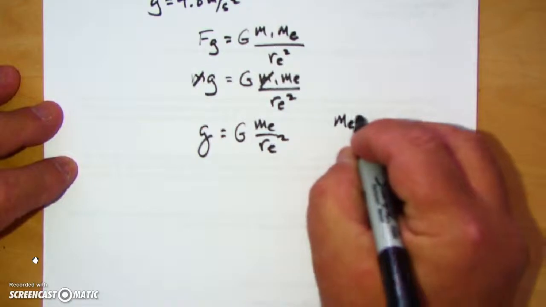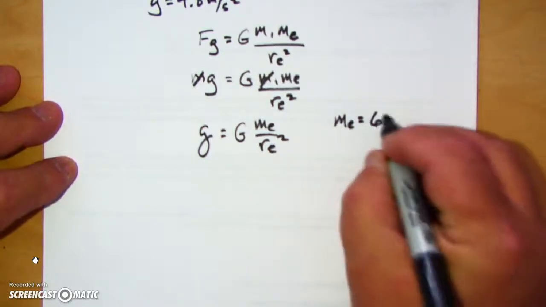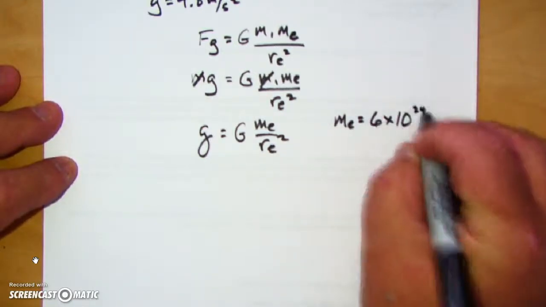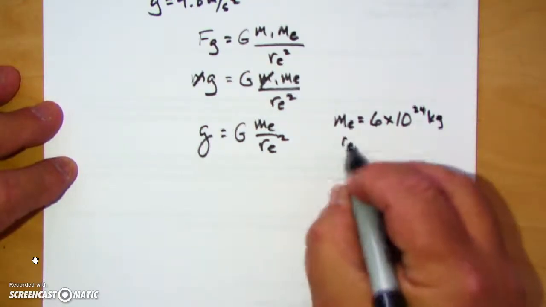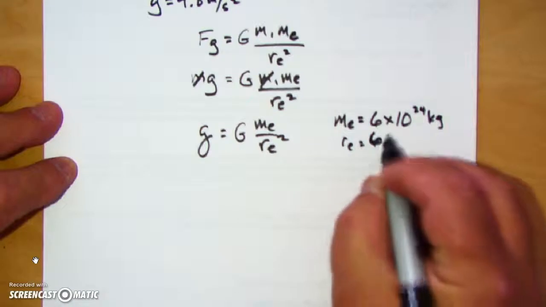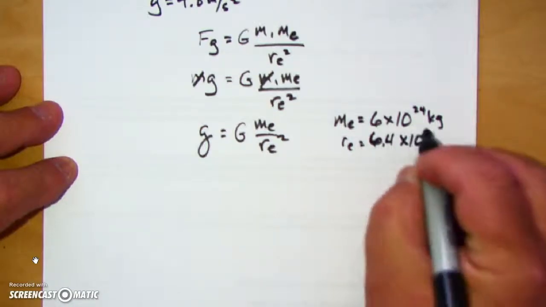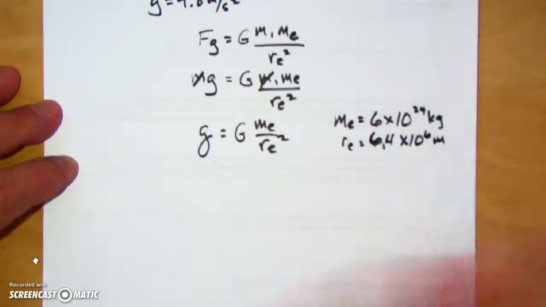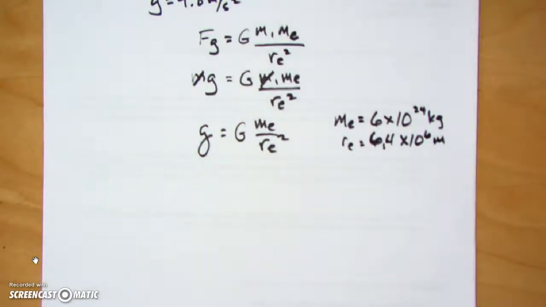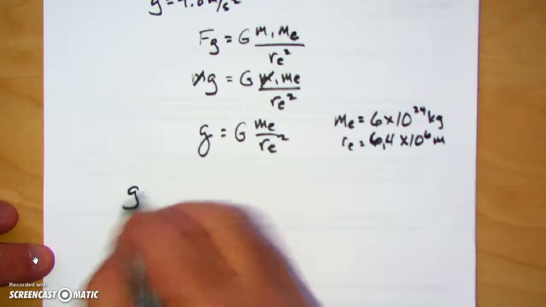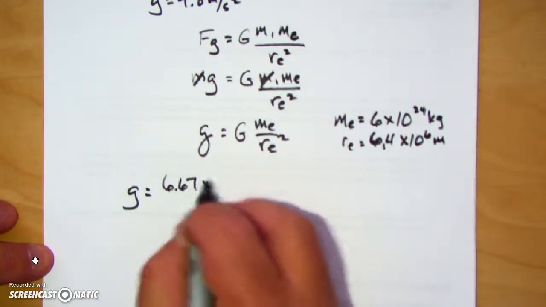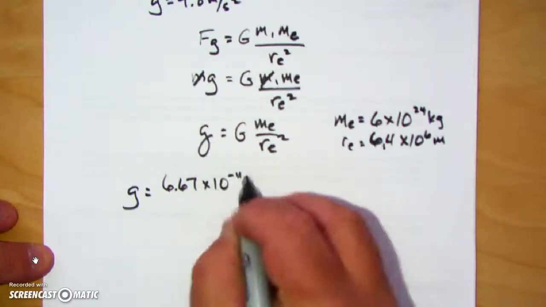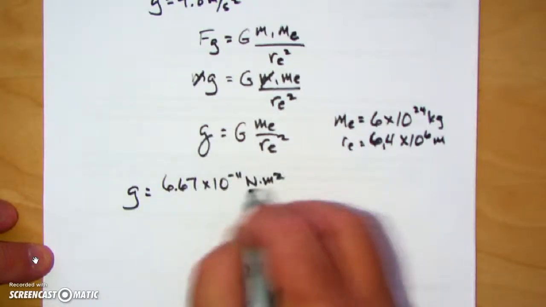The mass of the Earth is a well-known constant, 6 times 10 to the 24th kilograms, and the radius of the Earth is 6.4 times 10 to the 6th meters, approximately 6,400 kilometers, give or take a little bit. So let's put those in. Little g equals big G, which is 6.67 times 10 to the negative 11th newtons times meter squared divided by kilogram squared.